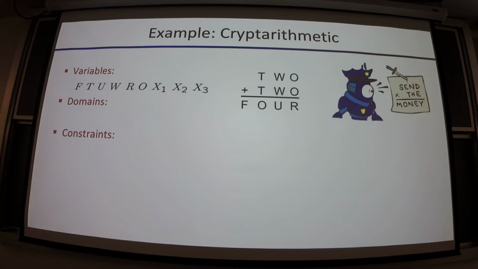That's because we have to say that O plus O is equal to R, but it's not necessarily equal to R, right? It's equal to R mod 10. So O plus O we could say is equal to R plus 10 times either 0 or 1, and that's going to be this carry bit x1. Does that make sense? Okay. So what's the domain then?